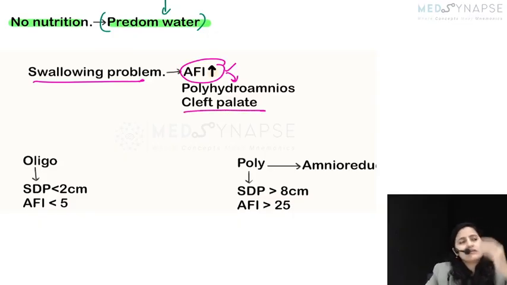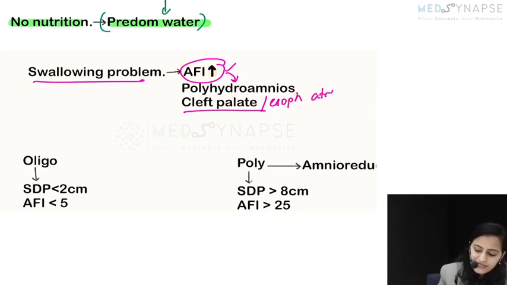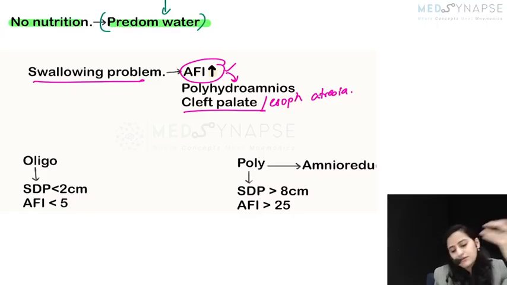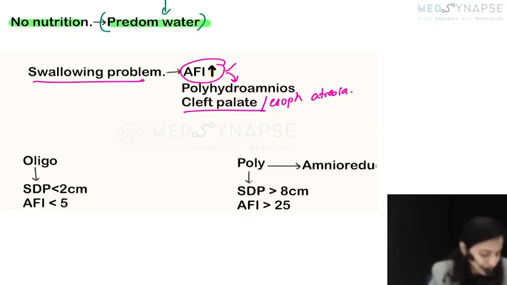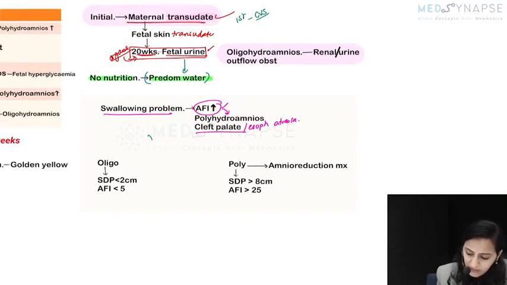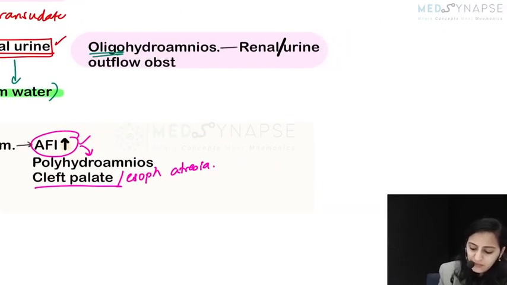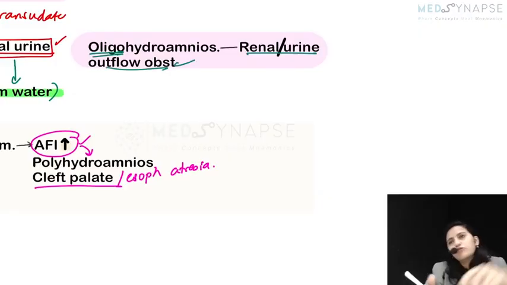Examples being cleft palate, esophageal atresia, duodenal atresia. So anything interfering with the GIT is going to increase AFI. On the other hand, decreased AFI will be a problem in the renal system, because urine will not be formed, so AFI will be less. Right, so oligohydramnios will be seen when there's a renal or urinary outflow obstruction.